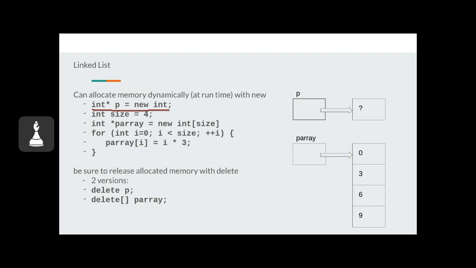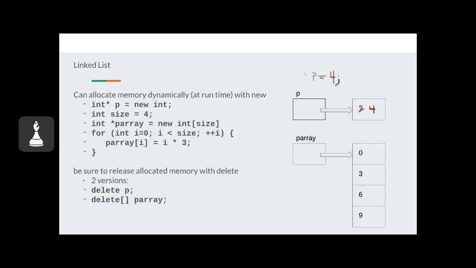The new integer doesn't have a name because it's been allocated dynamically, but we will be able to access it through the pointer p as long as we store the address that's returned by new in the pointer p, so that p refers to this, and if we wanted to put a value in there, we would write star p equals some number, and then that means the 4 would go in here. Star p equals that value.